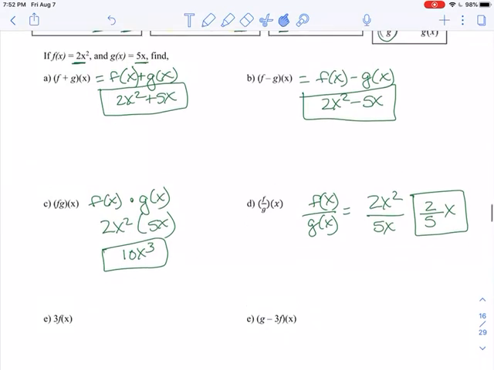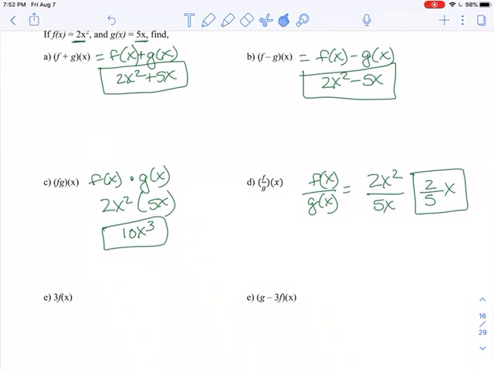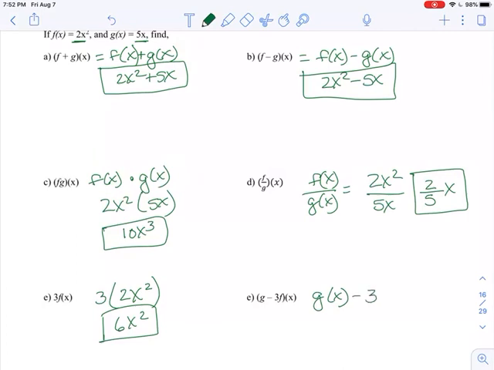And E, I have a number in front, so 3 times f of x. F of x happens to be 2x squared. 3 times 2x squared is 6x squared. And g minus 3 of f of x equals g of x minus 3 times f of x.